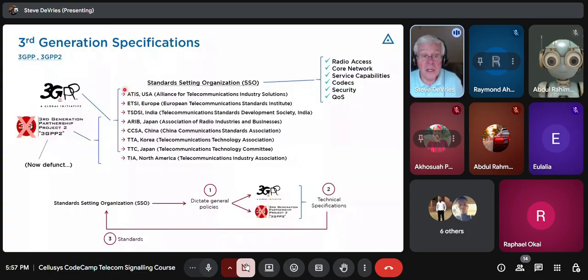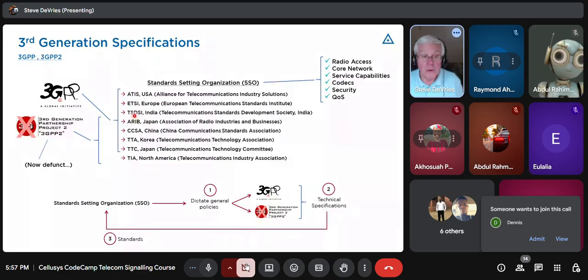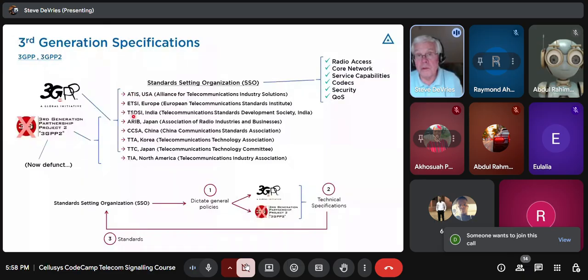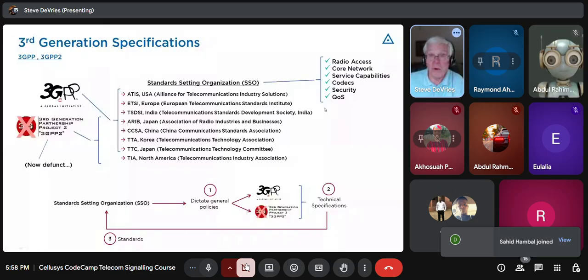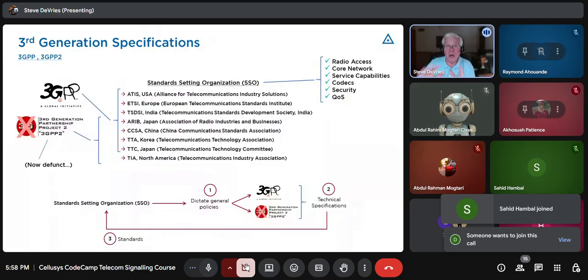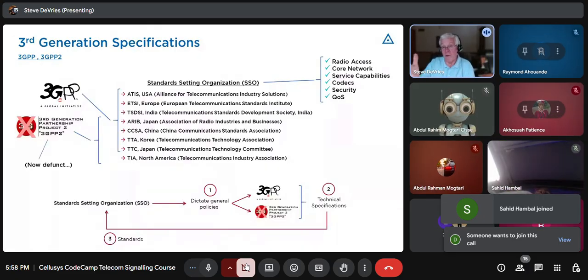ETSI, along with these other groups here, see where it says ATIS, ETSI, and so on, these seven standards groups formed what's known as 3GPP, the Third Generation Partnership Project. They write the standards for radio access, core network, service capabilities, coders, decoders, security, quality of service. Literally hundreds and hundreds of specifications cover all of this.